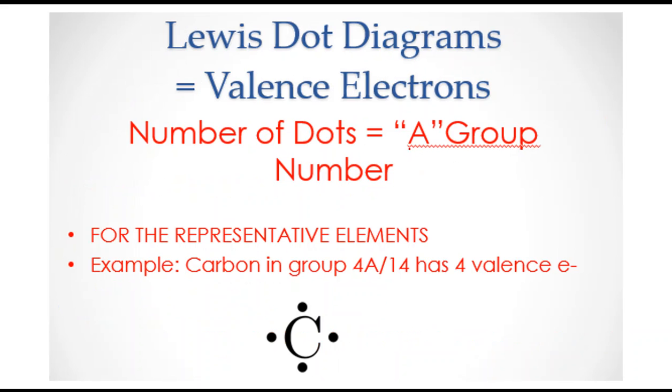We're going to use those A groups here, that A grouping, to figure out our valence electrons. And basically what you're going to do is use the number of valence electrons, and they're going to correspond to dots that we write around the symbol. And this is a visual way that we're going to use, and also later on, to form bonds. So we're going to actually use the Lewis dot structures to create compounds. But this is the basic one.